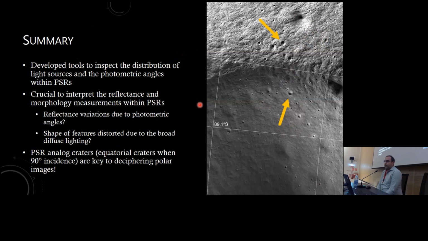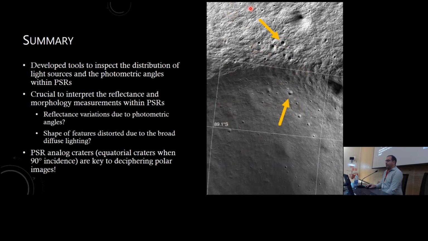In summary, we've developed a set of tools that allow us to inspect the distribution of light sources and all the different photometric angles. This is really critical in order to understand what the reflectance properties of the surface are, as well as the morphology.